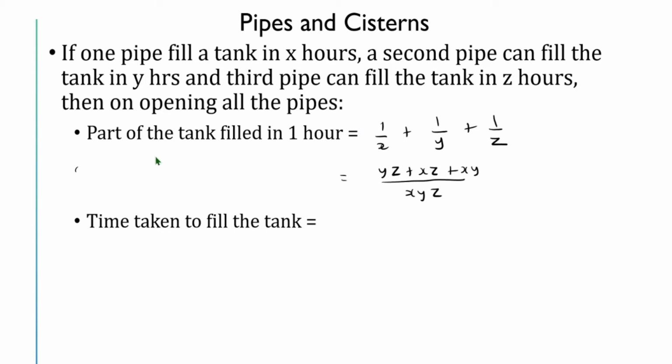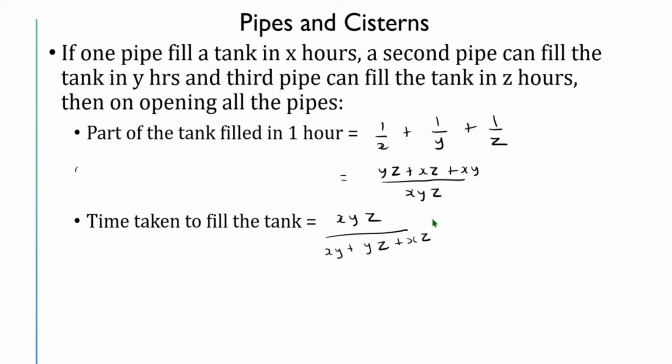So the part of the tank filled in 1 hour will be equal to 1 by X plus 1 by Y plus 1 by Z. Therefore, time taken to fill the tank when all the three pipes are open will be equal to XYZ divided by XY plus YZ plus XZ.